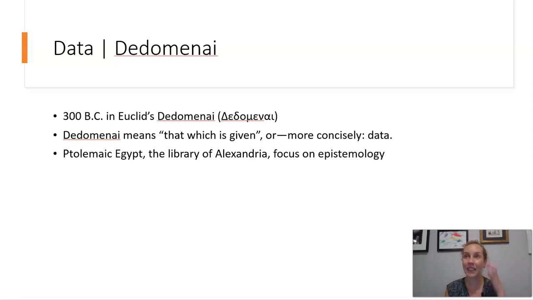This is a moment towards the end of the Library of Alexandria, and what it comes out of is trying to understand how we know what we know. We are saying, okay, I have to have some starting point. And Euclid was like, that starting point is the data.